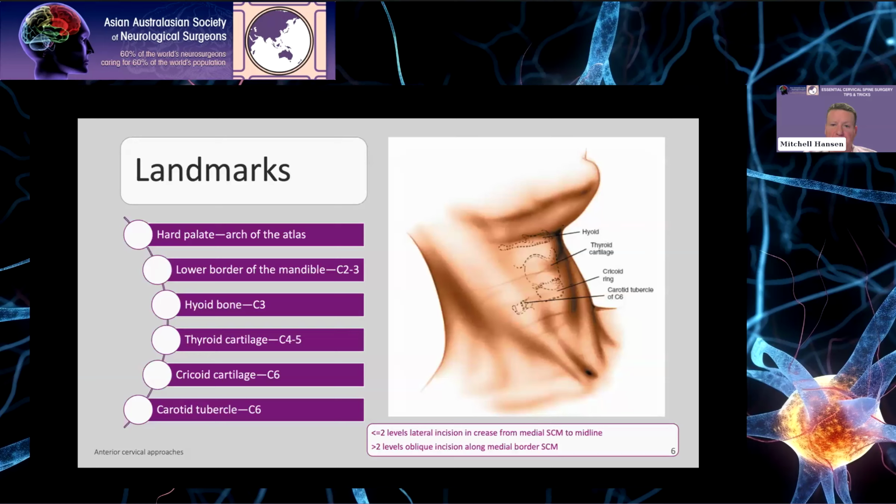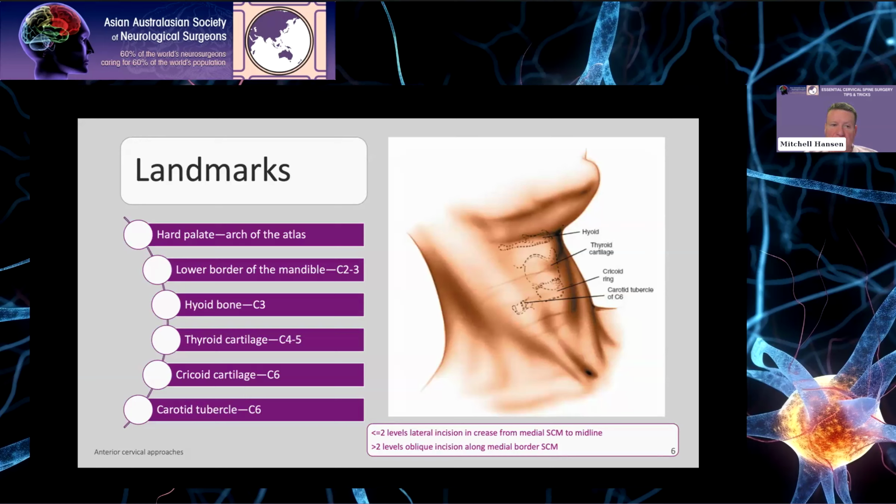The landmarks are pretty useful to work out how to get to the spine. We look for skin markers for these landmarks, and I've outlined them there. There is a little bit of change between them, but overall, it's pretty standard for most of them.